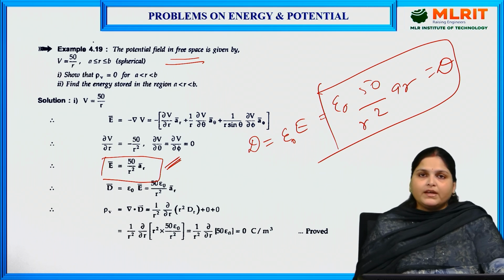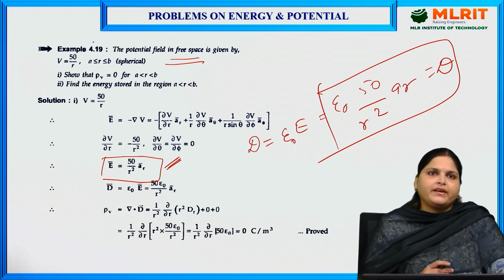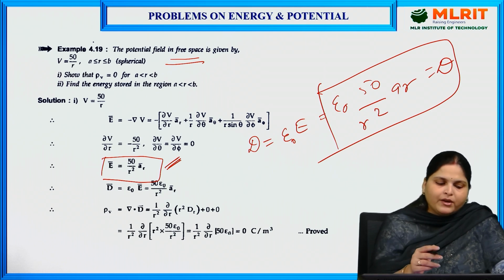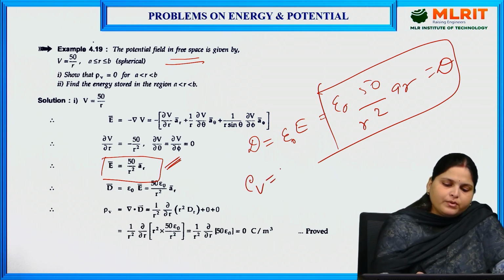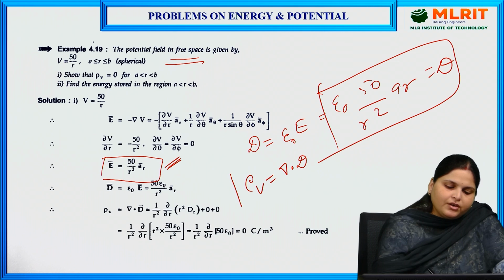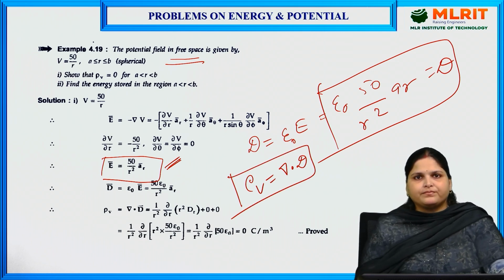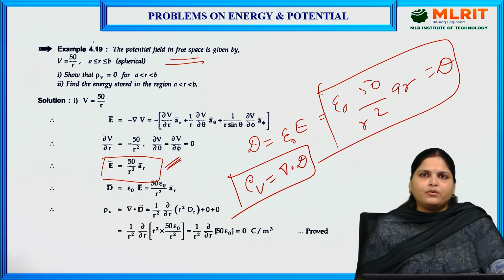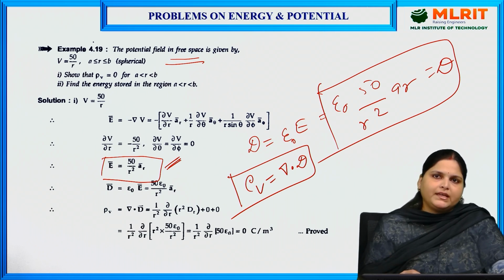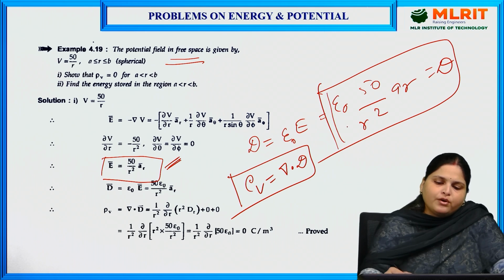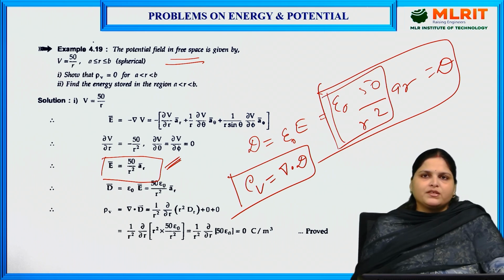And we have one more formula which gives a relation between rho V and D. So we know by Gauss law, rho V equals del dot D, or rho V equals divergence of D. Here we have already calculated D by using the value of E. So D equals epsilon naught 50 upon R square aR.